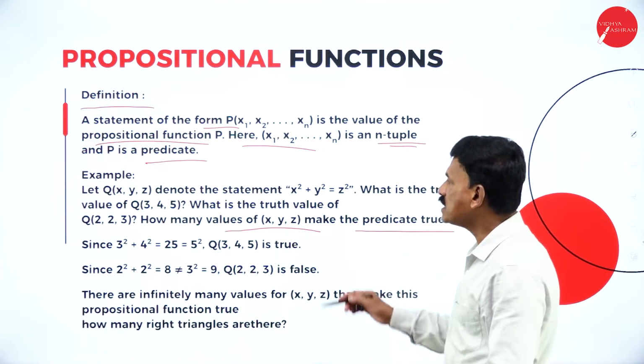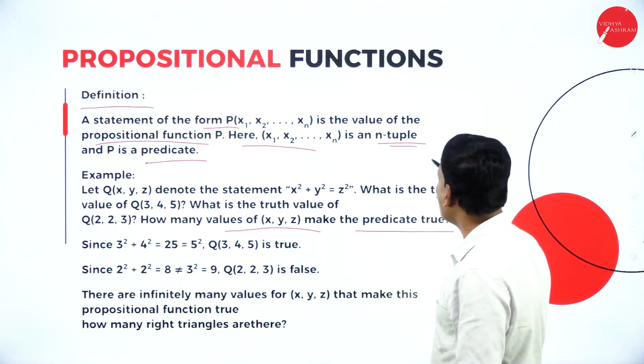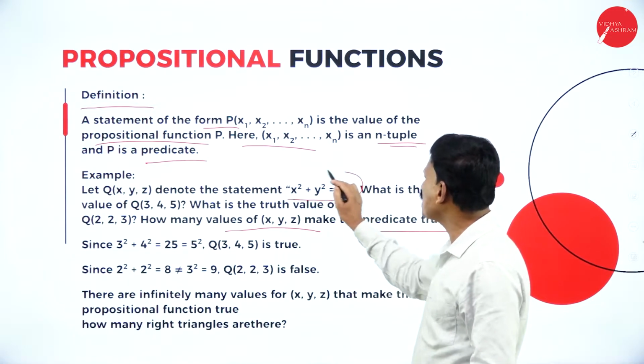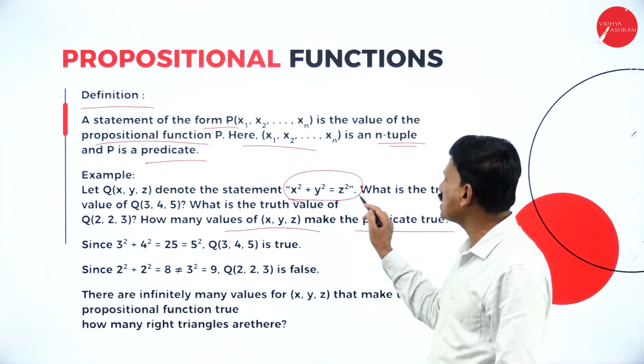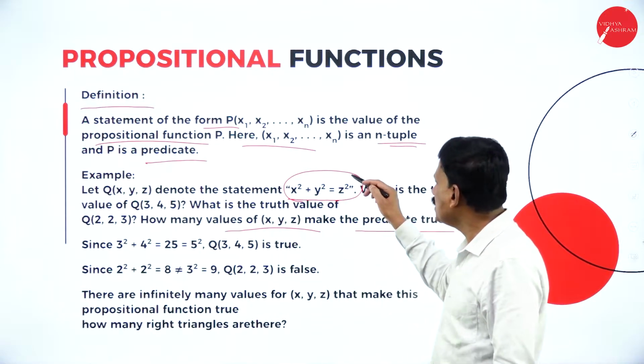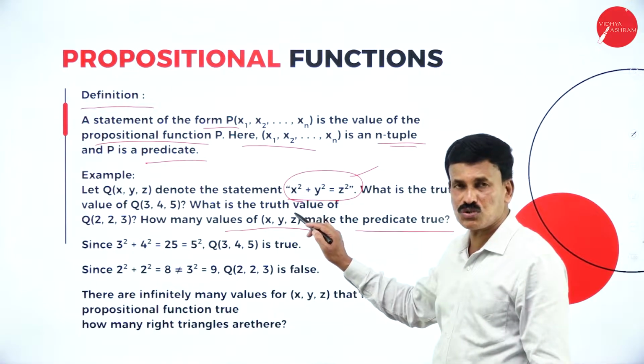Now, let us come to the first statement, Q of 3, 4, 5. What is the given condition? x square plus y square is equal to z square. If we assign the values of x, y, z as 3, 4 and 5, check whether it is true or false.